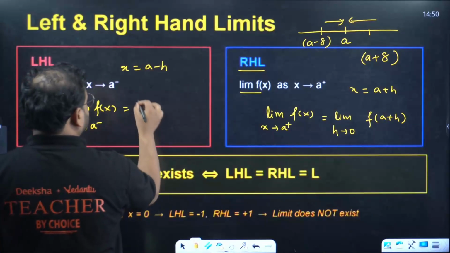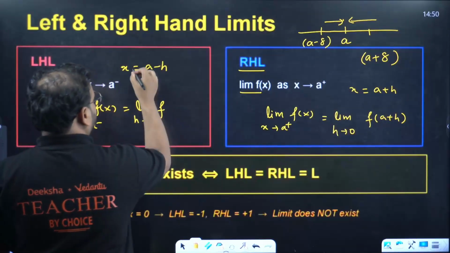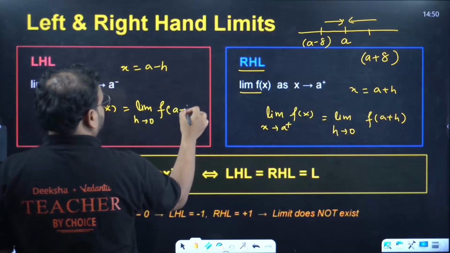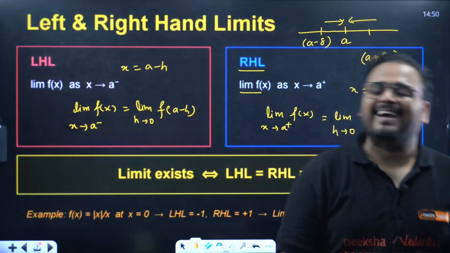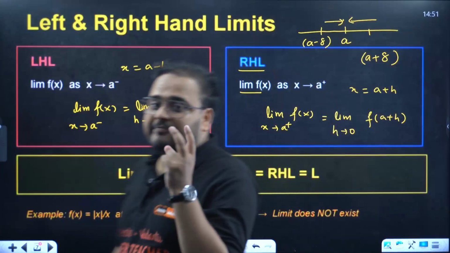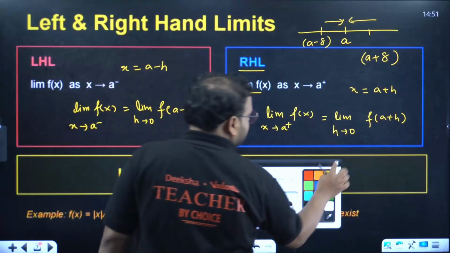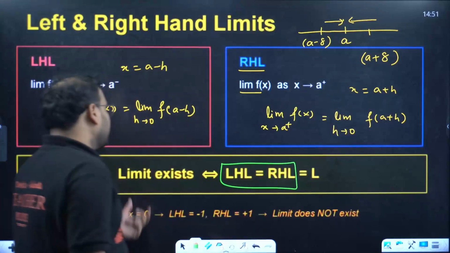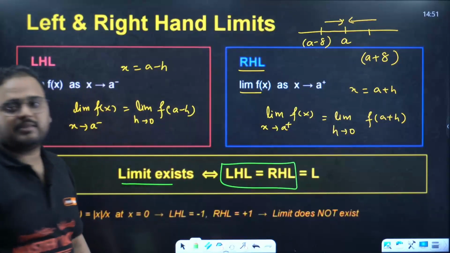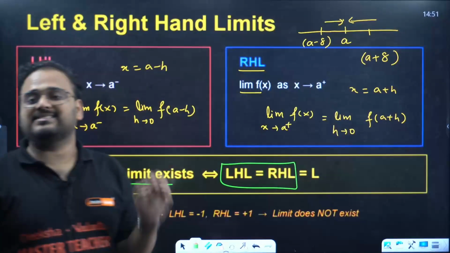So write this as limit h tends to 0, f of A minus h. This is how you define the left hand and right hand limit. And when we have these two values equal, then we say the limit of the function at the point A exists.